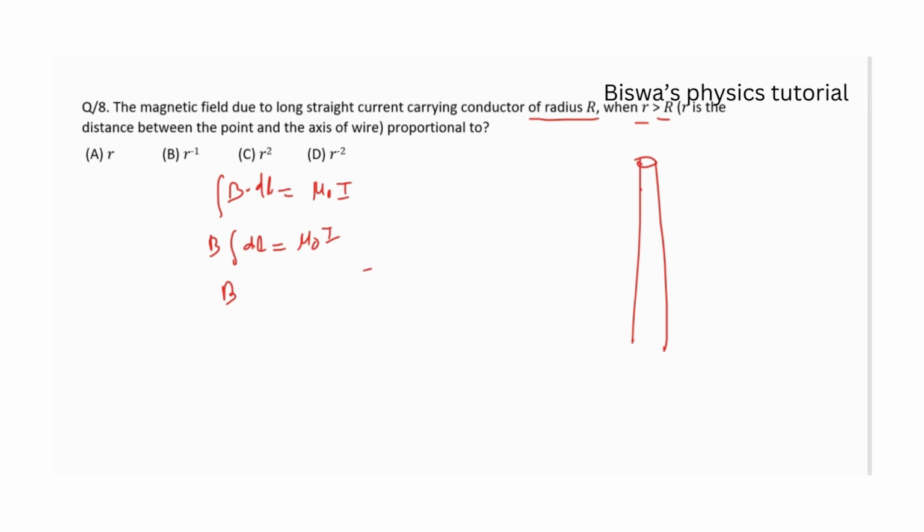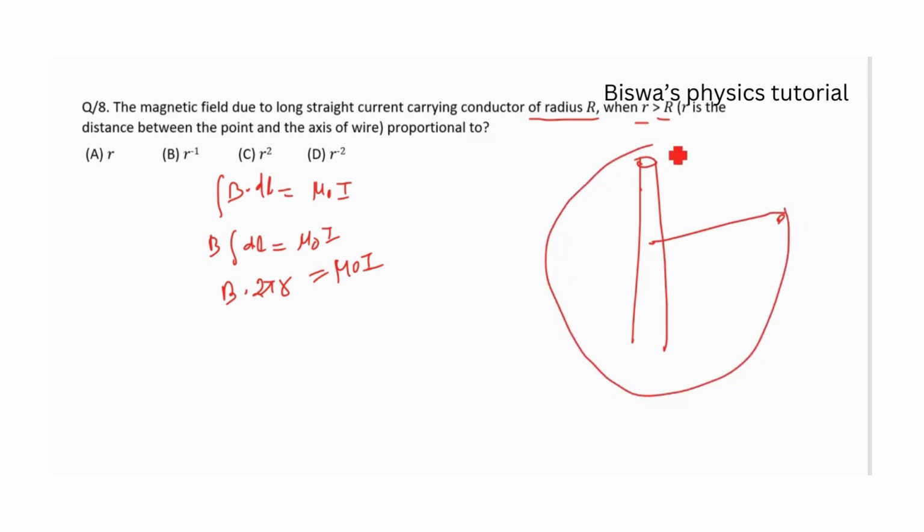So B into 2 pi small r is equal to mu 0 into I, because we have to find the field at a point at distance r, so we have to take an Ampere loop.